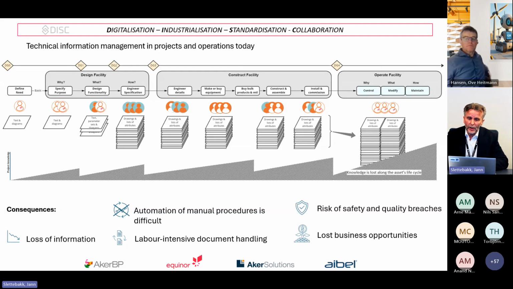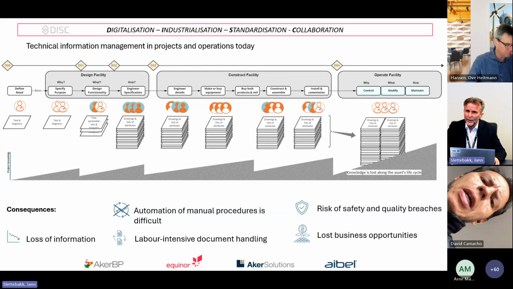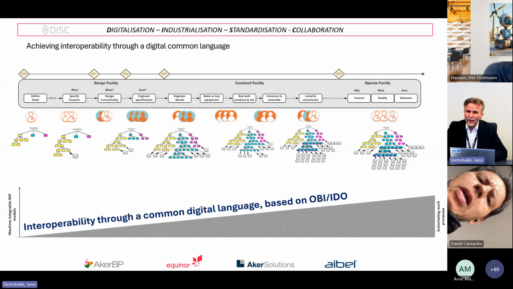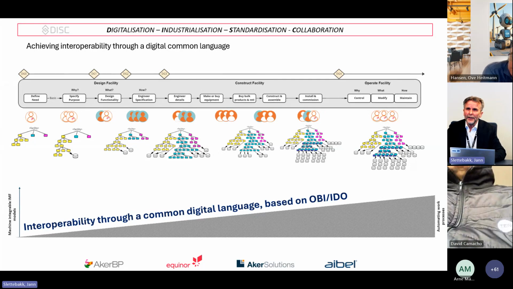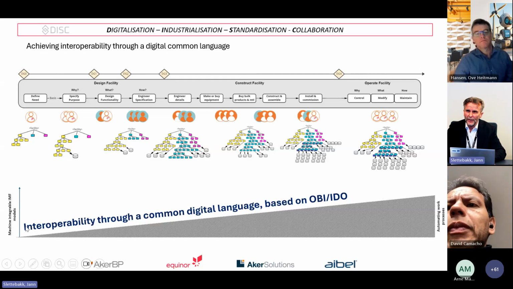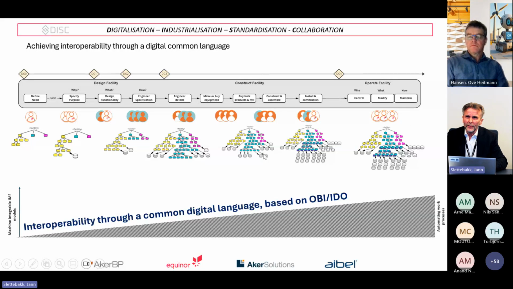And this is also something we want to attack and improve and get into a situation where we can have a more smooth data flow and a smooth transition from a concept development to the operation of a plant.